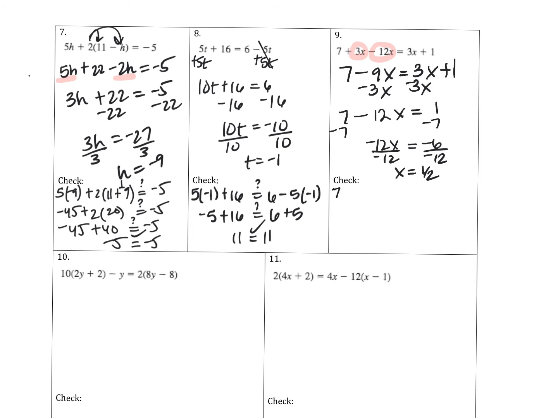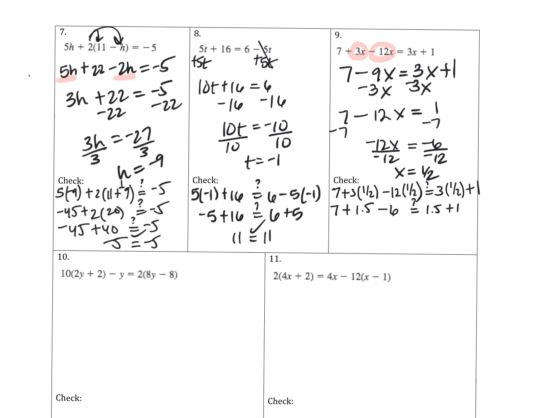Let's check. 7 plus 3 times 1/2 minus 12 times 1/2 is equal to 3 times 1/2 plus 1. All right, 7 plus 1.5 minus 6 equals 3 times 1/2, which is also 1.5, plus 1.